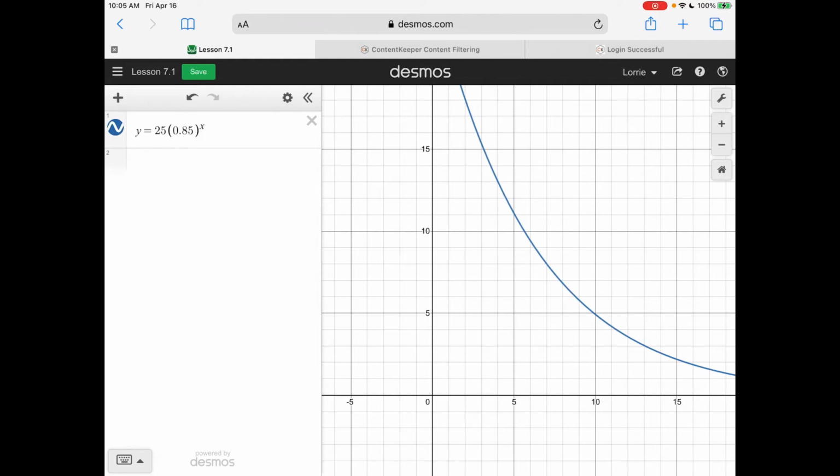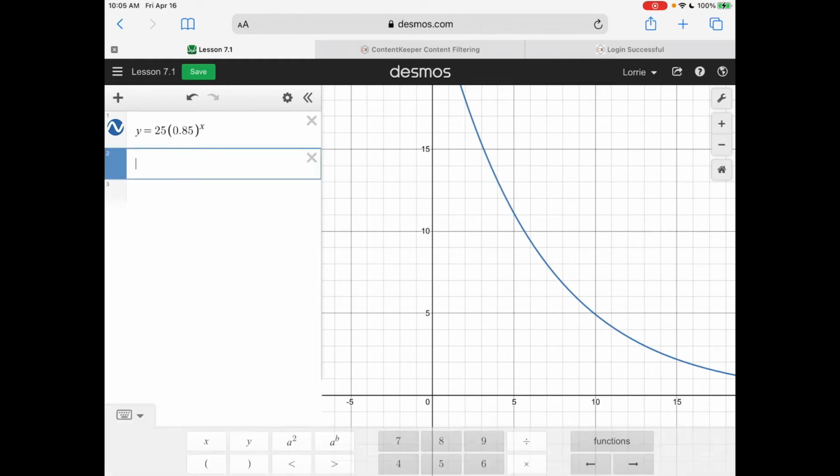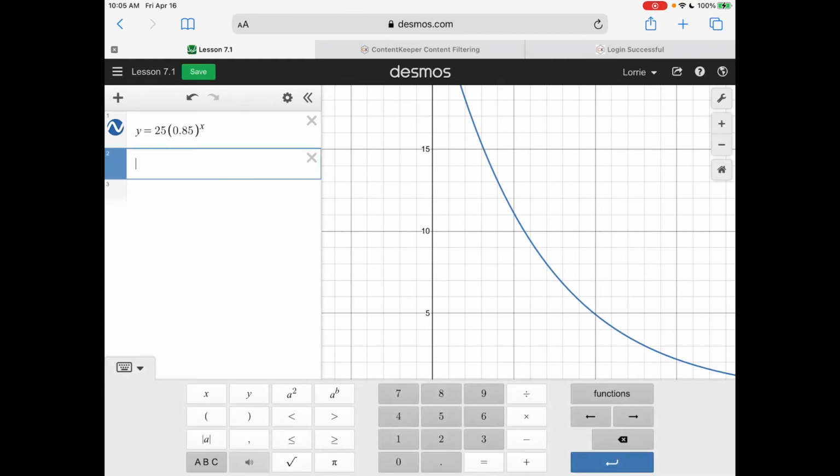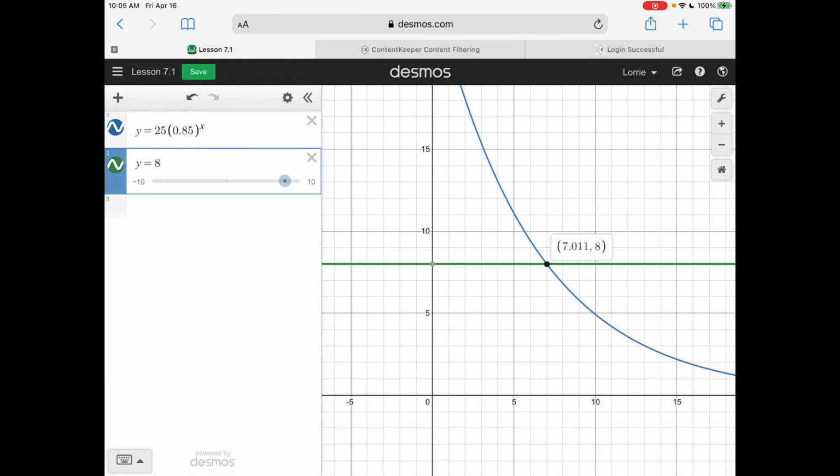I'll show you the table in a minute, but another little trick you can do is graph y equals 8, and then find the intersection, and you can see that it's at right about a value of 7.